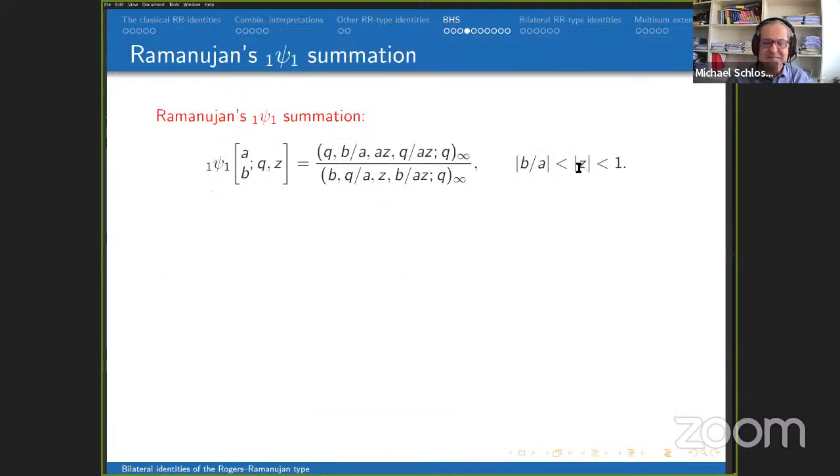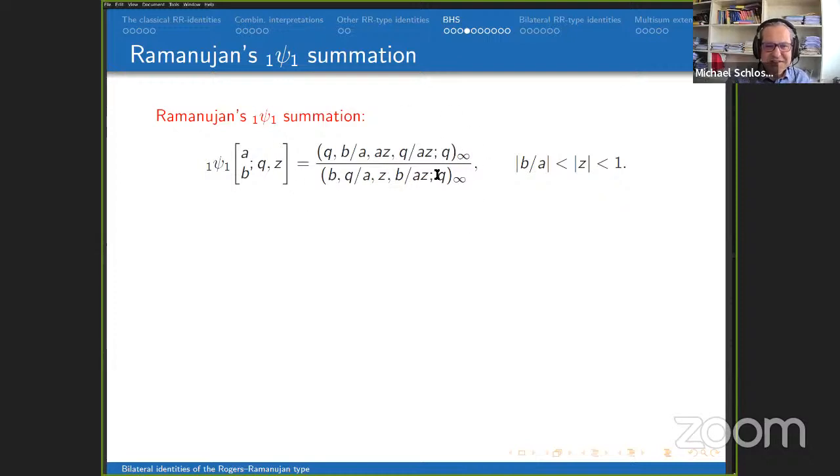In that case, we do have an explicit evaluation. Such series, as Laurent series, are naturally defined on an annulus. So here the correct form is that the argument z should be between 1 and b over a in absolute value.